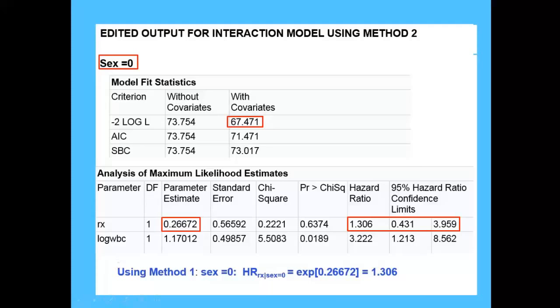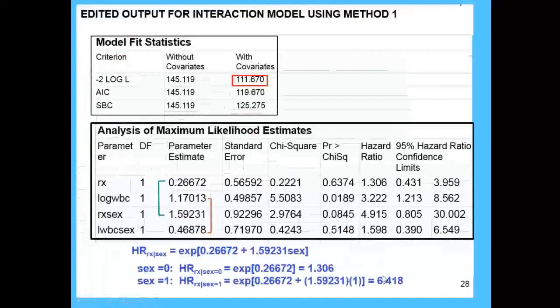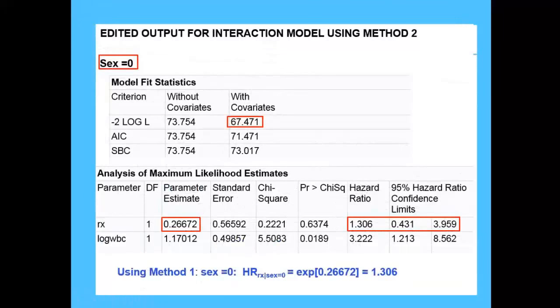I'm just separating it into males and females. I get this coefficient for treatment and this coefficient for log ultrasound, now I go e to the 0.26672. You see the 1.306? That's the same thing we got before with this model. See the 1.306 we got for this model?